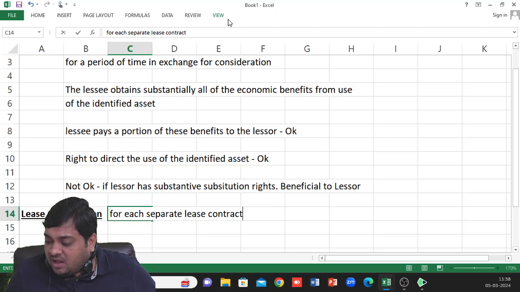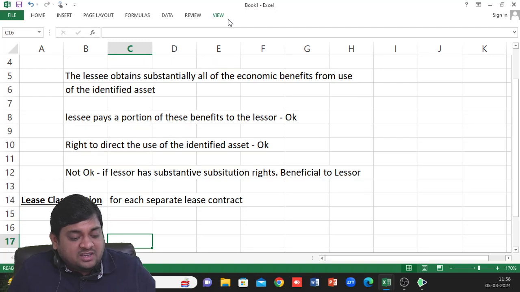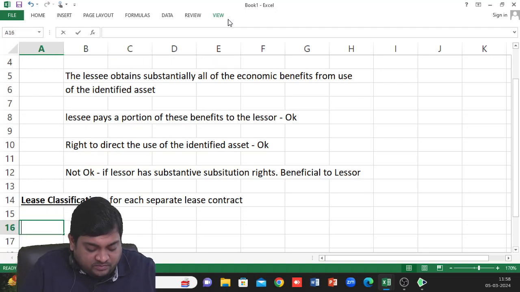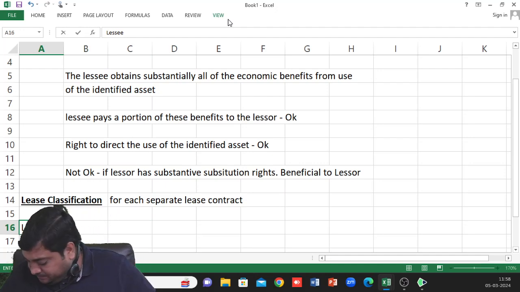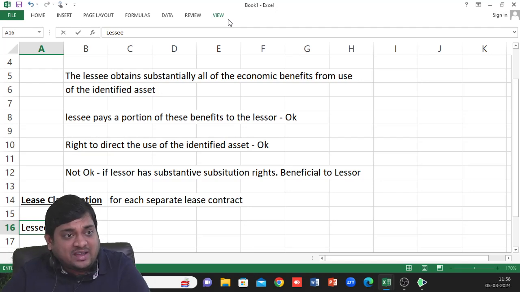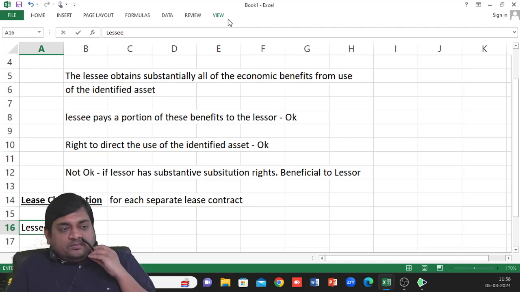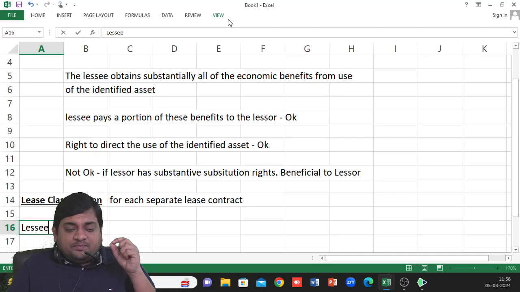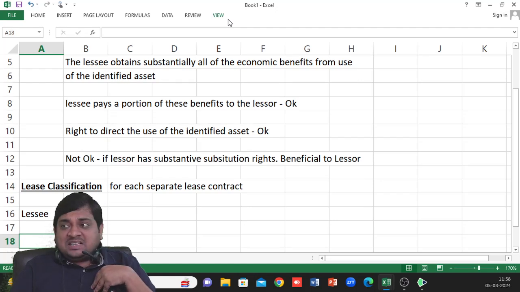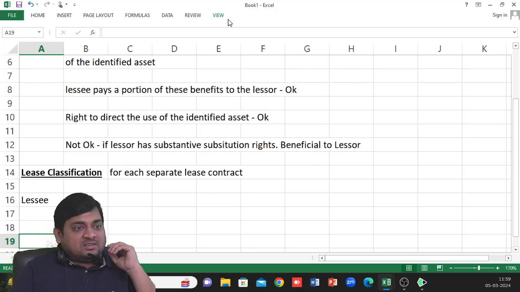Now, there are different classifications for lessor and lessee both. If I talk about lessee, suppose an asset's useful life is 5 years, and I, being the lessor, have given this asset on a lease term of 5 years.